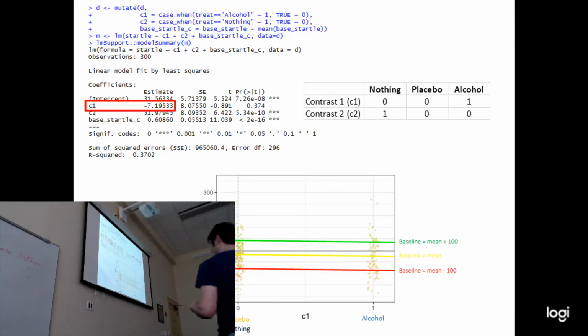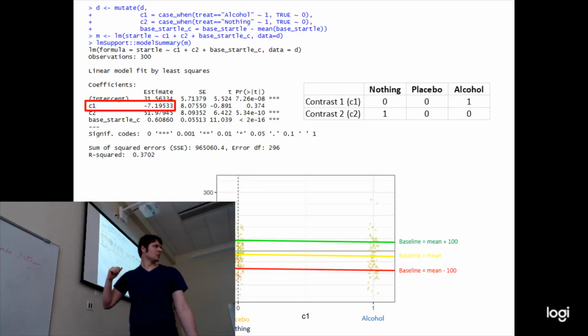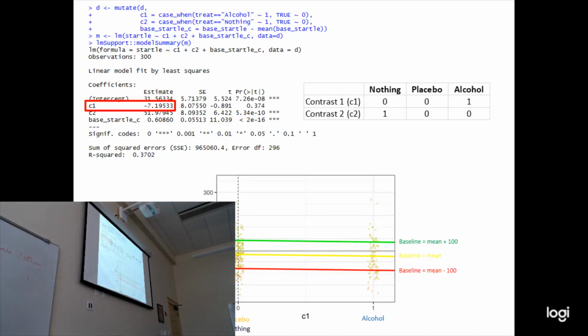Yeah, I have 3 lines, they all have the same slope. The slope of all those lines will be the coefficient for C1, because that's what I plotted on the x-axis. And it's very close to 0 in this case.